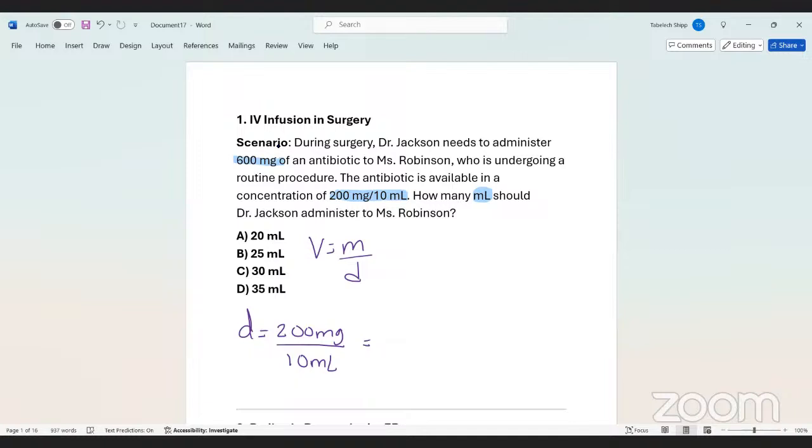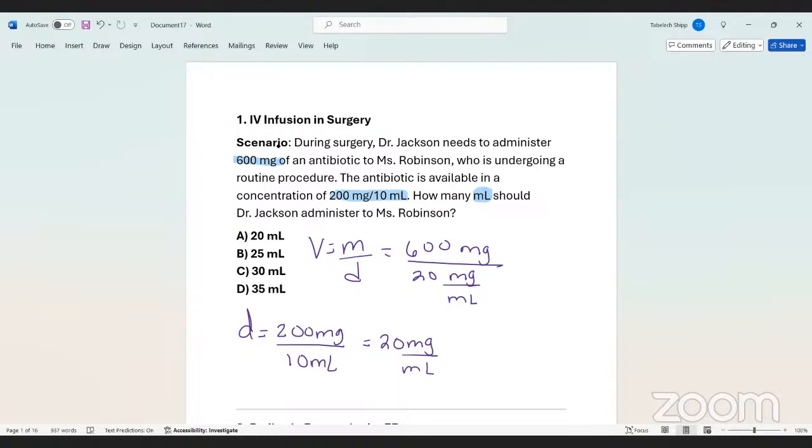So all you're going to do is take the 200 and divide it by the 10, and you get 20. What you're wanting to do is use only one number on the very bottom so that you don't get confused. On the very top, you're going to put that 600 milligrams. And on the very bottom, you're going to put the 20 milligrams per milliliter.